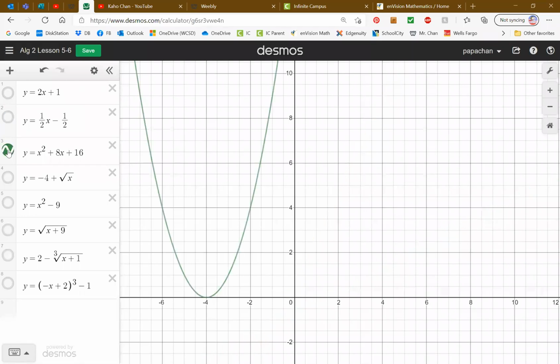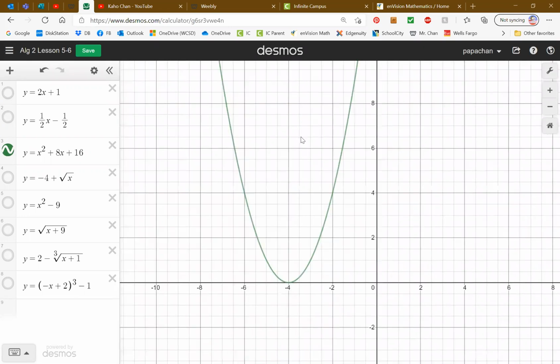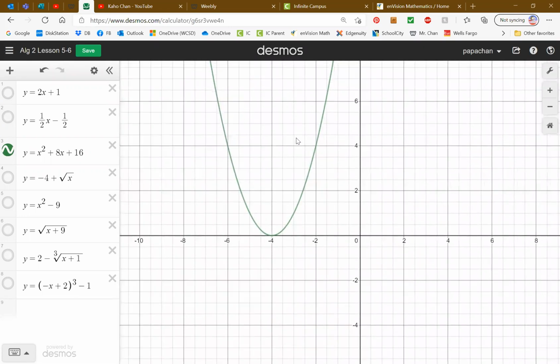X squared plus 8x plus 16 is definitely a parabola, as you can see. Visualize that parabola flipped along the diagonal y equals x, as if you're folding this piece of paper along which my mouse is moving right now, okay? If we folded it over like a butterfly, right, what would it look like? That's the question. Let's go back and do this algebraically.